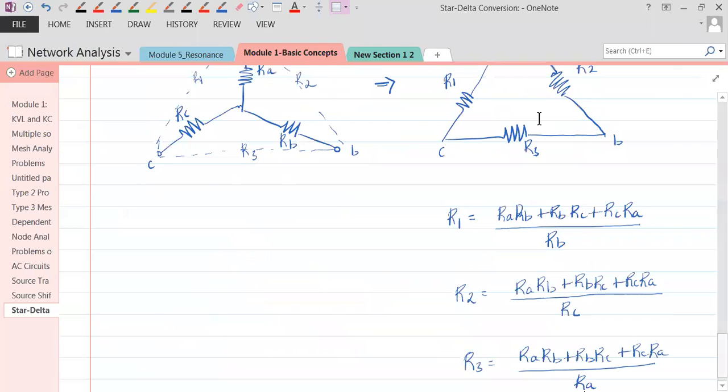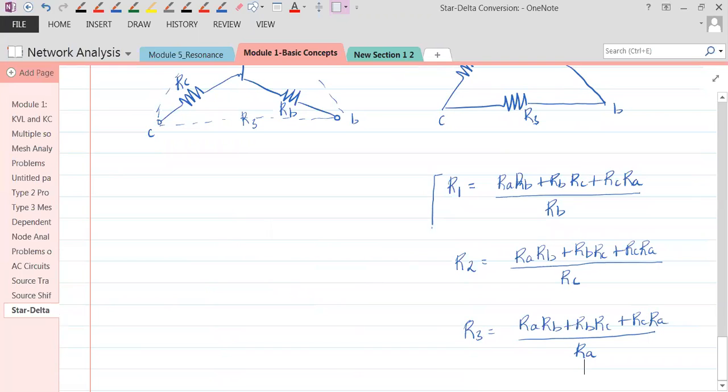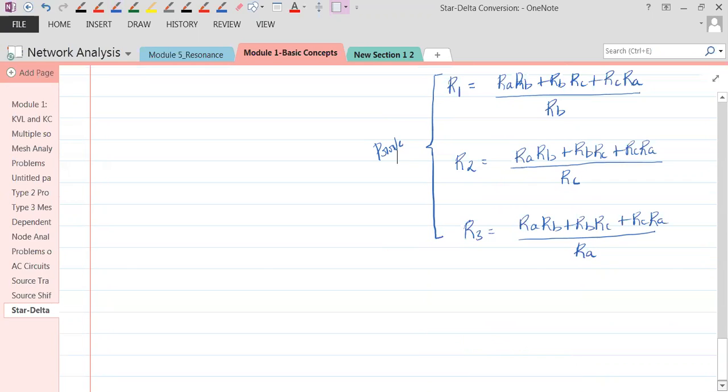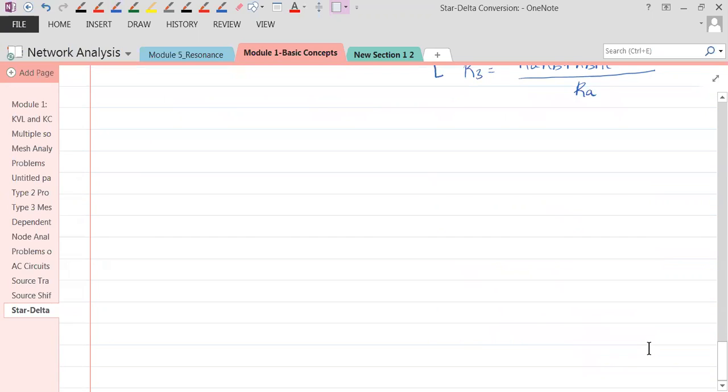So this we need to prove. How to prove that is quite simple. This is an extension of what we have done previously. Everybody just take down that we know that our RA is R1 R2 divided by R1 plus R2 plus R3.